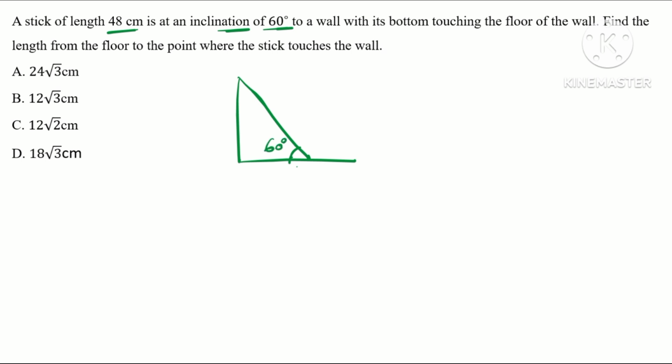Now find the length from the floor to the point where the stick touches the wall. So they are asking to find out height of the wall, and the given stick length is 48 centimeters. So this length becomes 48 centimeters. We can use sine 60 so that we can find h, opposite h by hypotenuse 48.